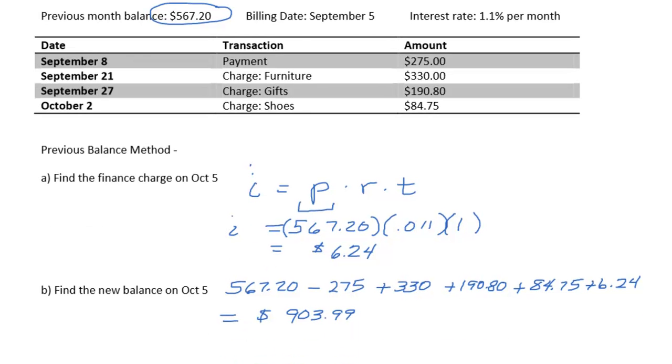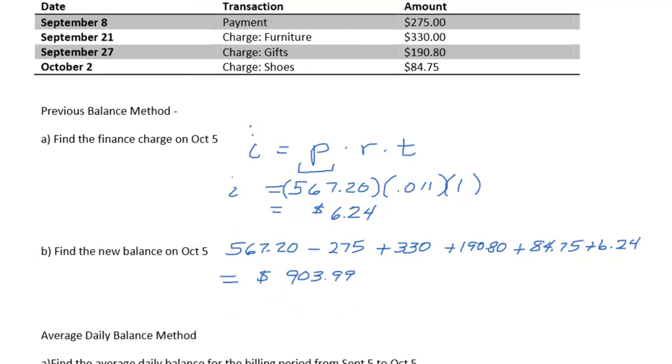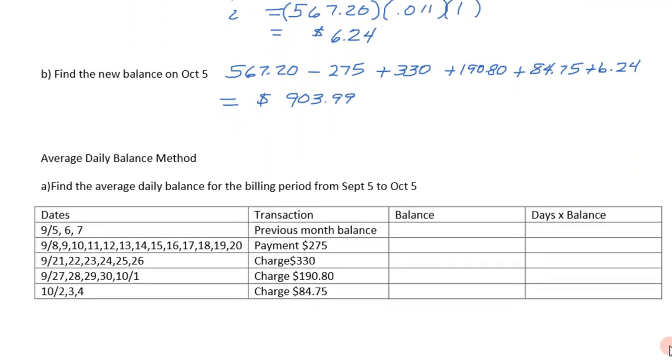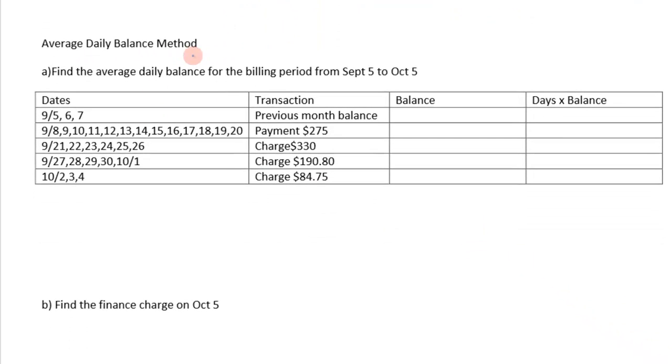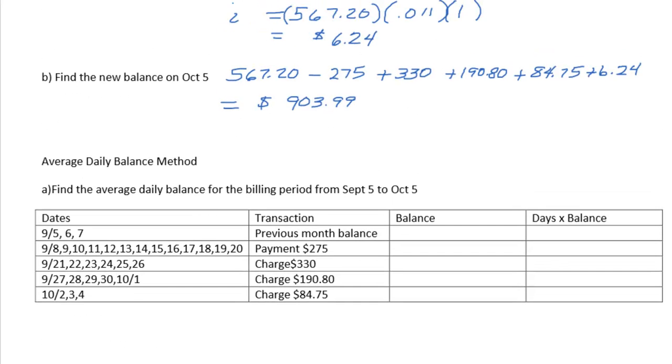So we're going to use the same information, do the problem but in a different way. Okay, so for the average daily balance method, rather than using the previous month's balance in your simple interest formula as your principal, we're actually going to use the average daily balance for the actual month, starting from September 5th to October 5th, which is when you're computing the new balance for the month, right?